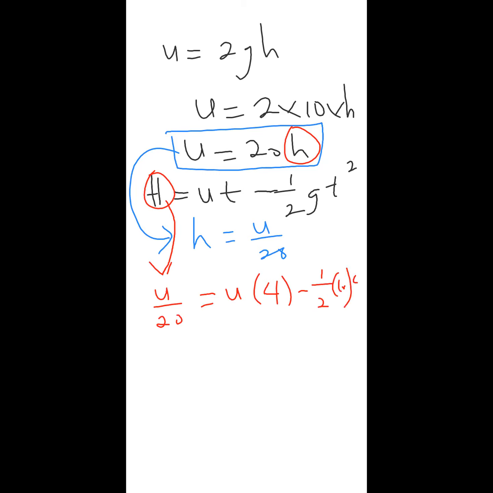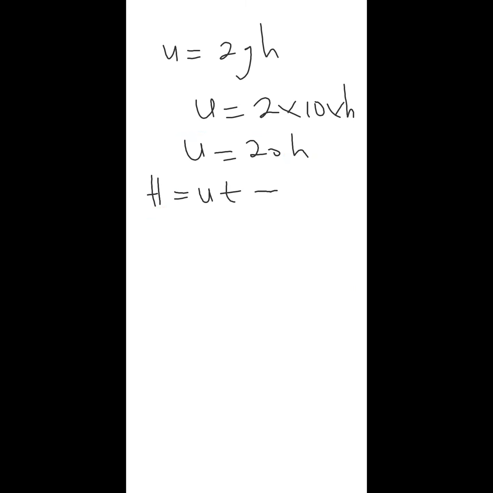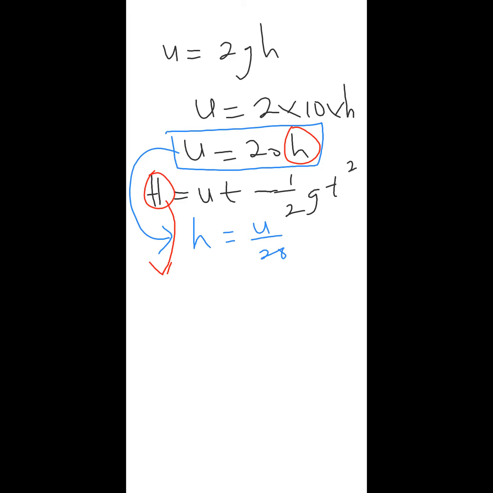Let me just rewrite. U over 20 is equal to u into bracket 4 minus 1 over 2, then into bracket 10, then 4 squared, because my t is equal to 4.